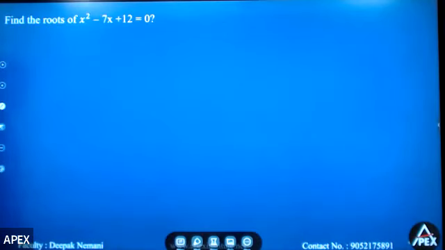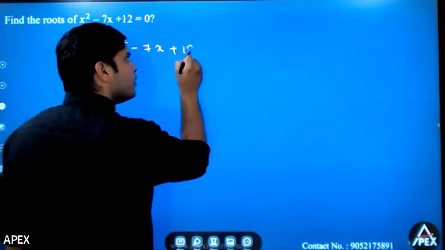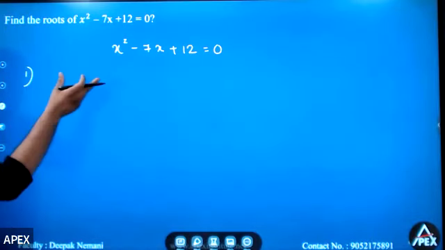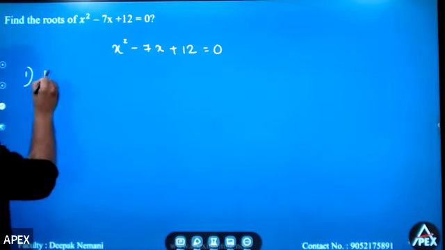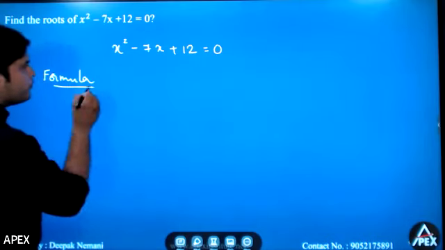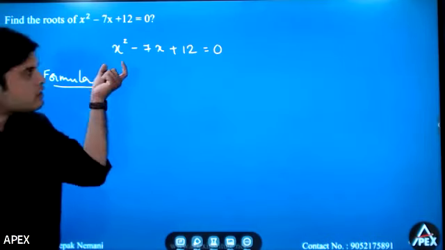So let me consider this quadratic equation x square minus 7x plus 12 is equal to 0. First, let's find the roots of this quadratic equation using formula. Okay, so compare this expression with the generalized form of a quadratic equation.